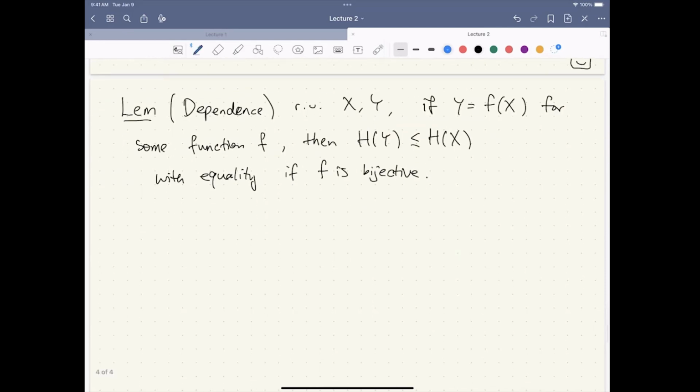So what this roughly means, let me write down, is that if y is determined by x, two random variables, one determined by the other, then y does not carry more information than x.